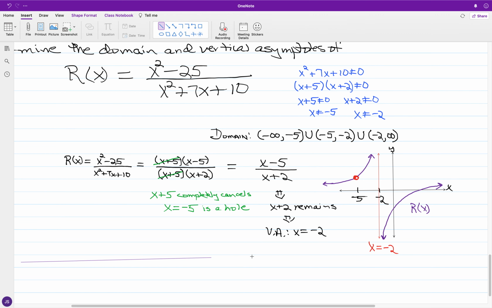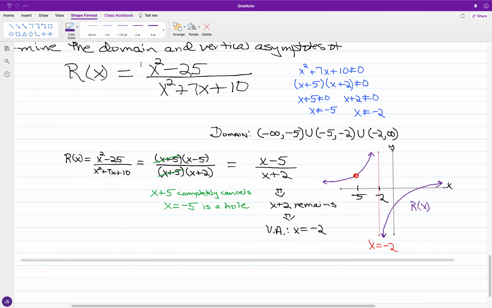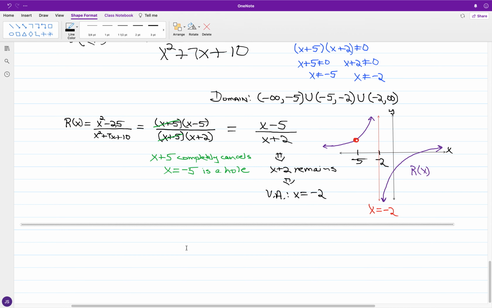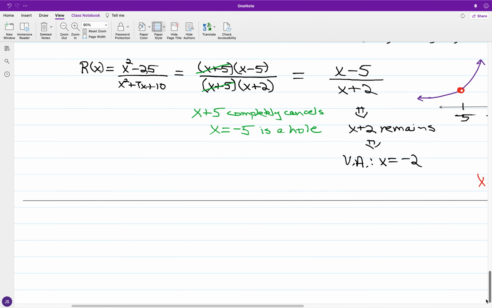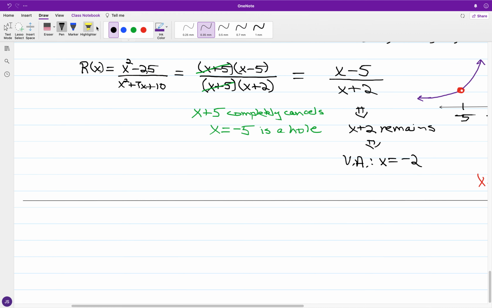Now for the introduction of these items, for horizontal and slant asymptotes, I'm going to reintroduce that polynomial notation that we had when we were working with end behavior, as well as polynomial division, which led to the long division as well as the synthetic division.